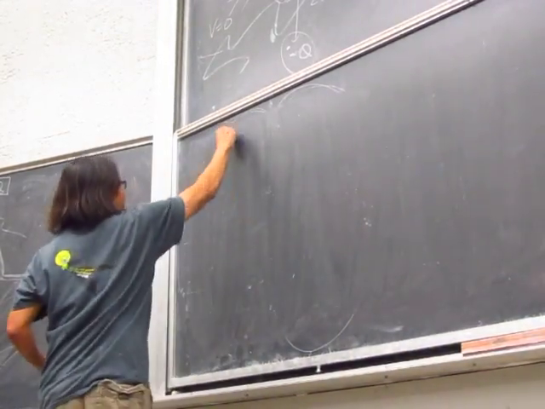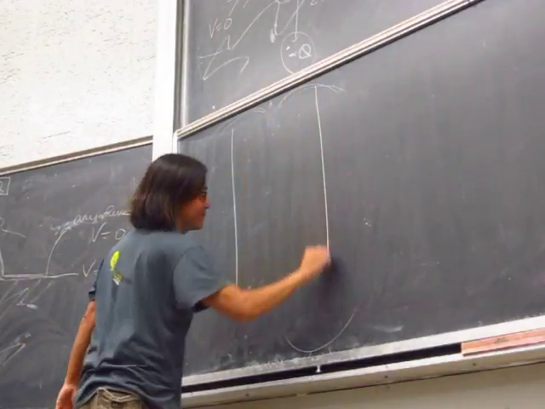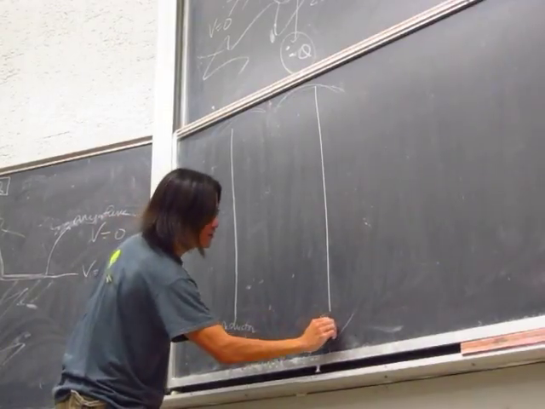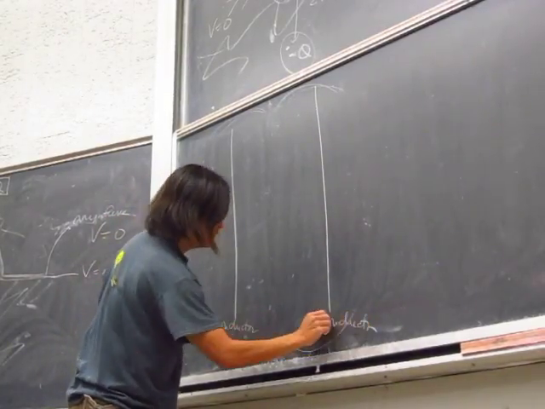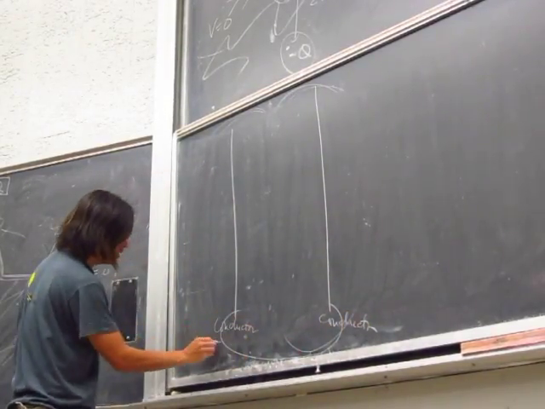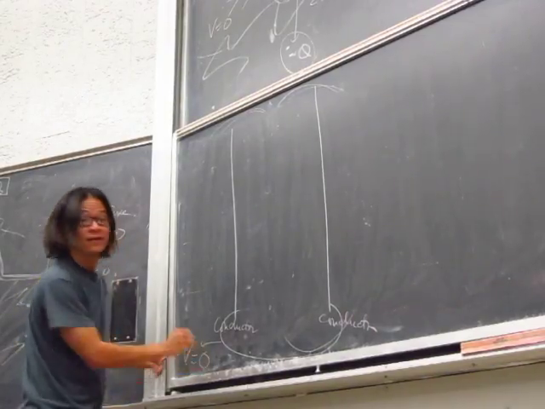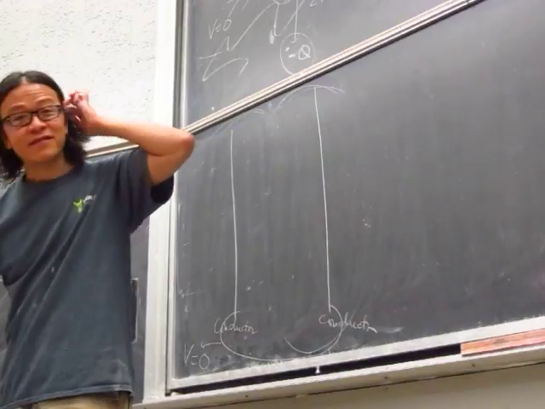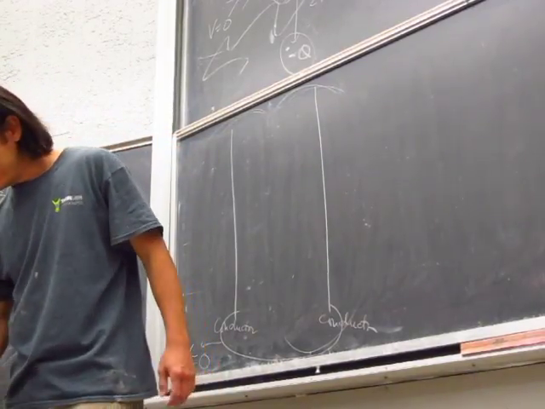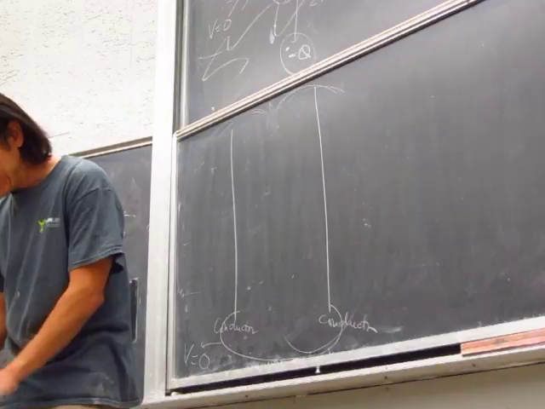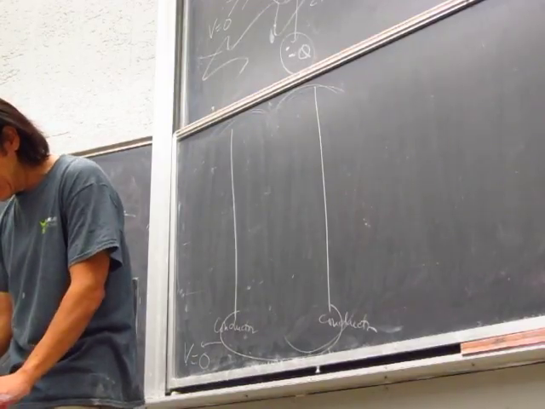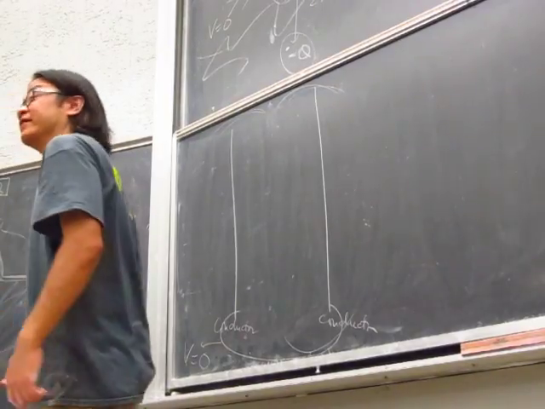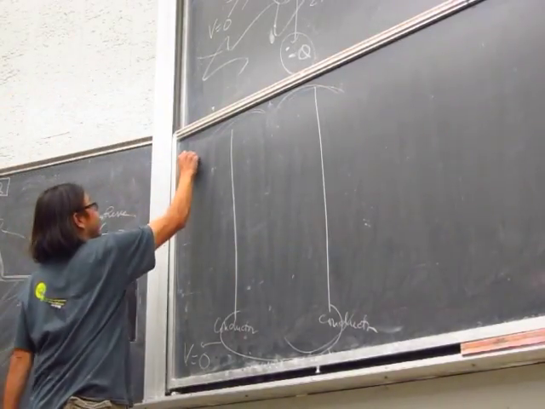I have an infinite slab, this conductor, and this also a conductor. They're connected, and the potential is zero. This is problem number 37.